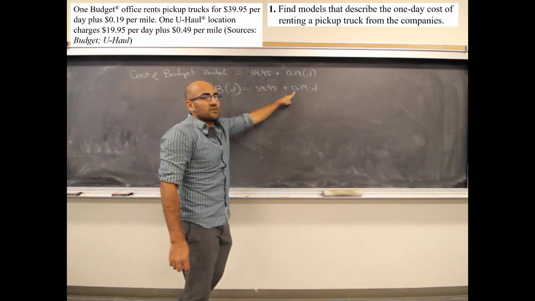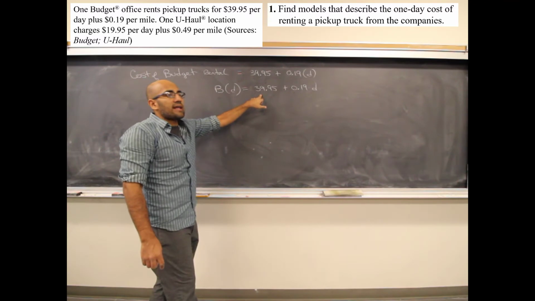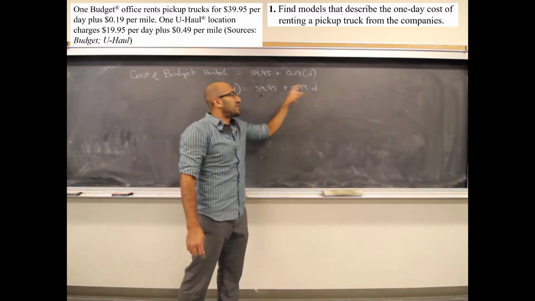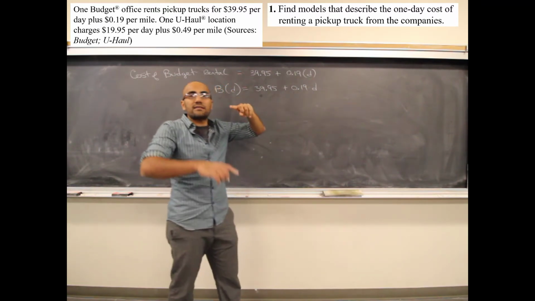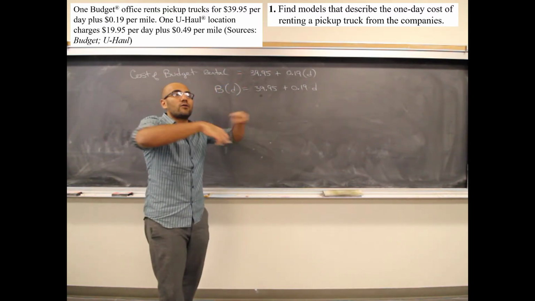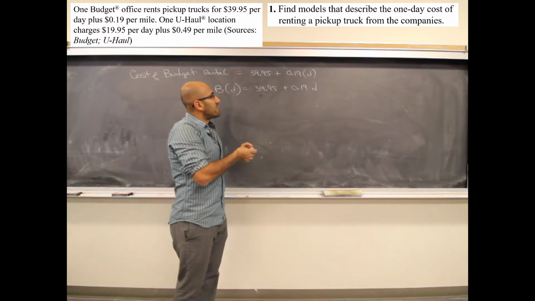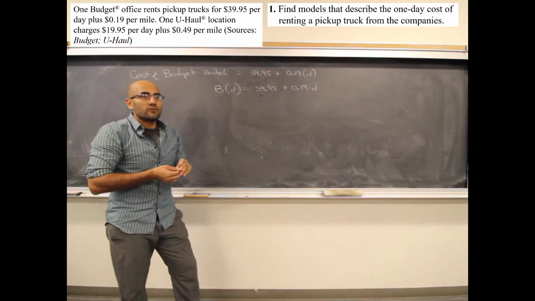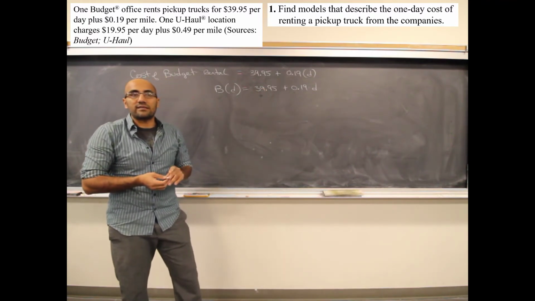What's the y-intercept? 0, 39.95, right? So this means that even if you traveled 0 distance, you still owe them 39.95. And the slope being 19 cents, that means that for each additional mile that you drive, your total bill will have an additional 19 cents.